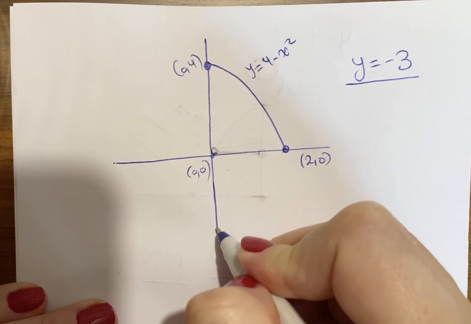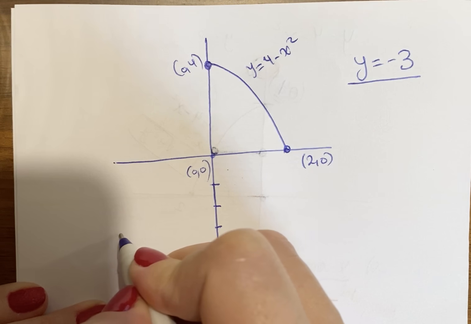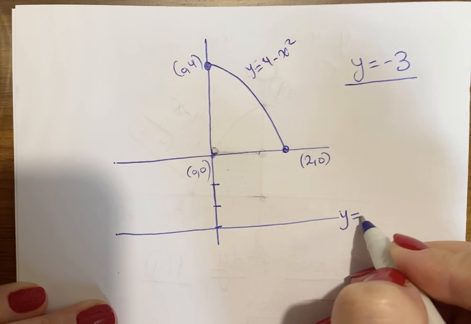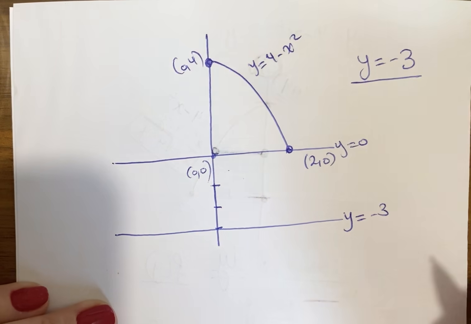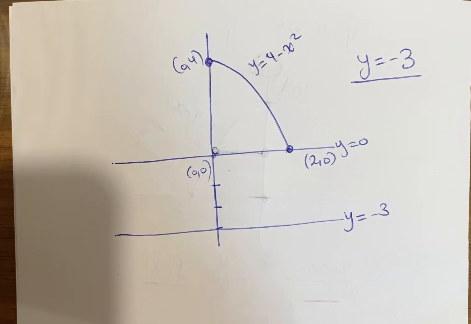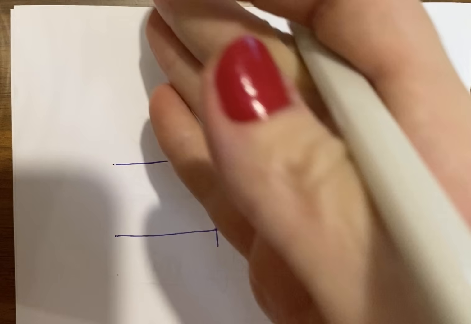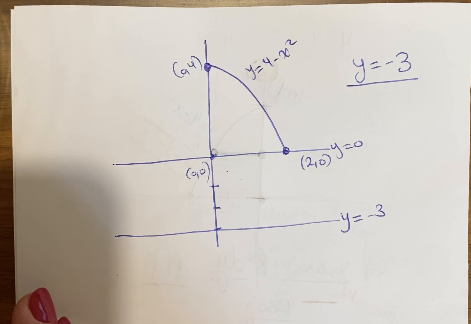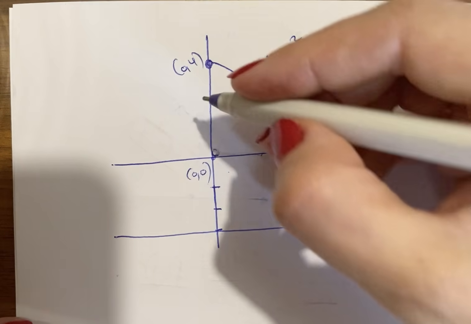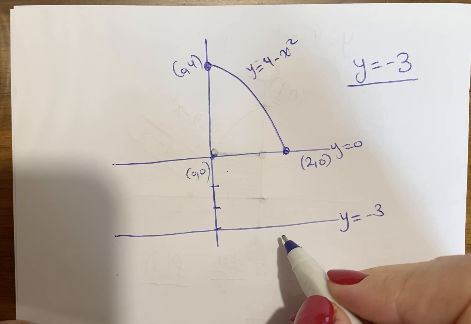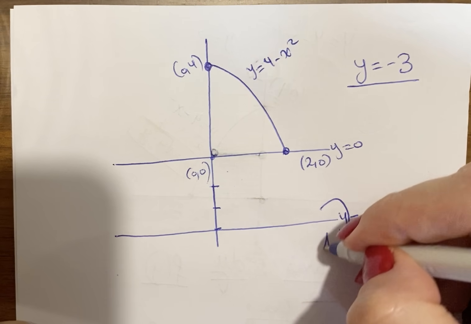The line y equals minus 3 is this horizontal line. Remember, lines y equals a constant are parallel to the x-axis. X equals something are vertical. Y equals something are horizontal. So we want to rotate around this line.